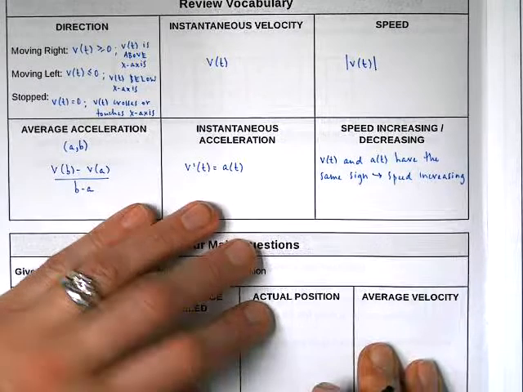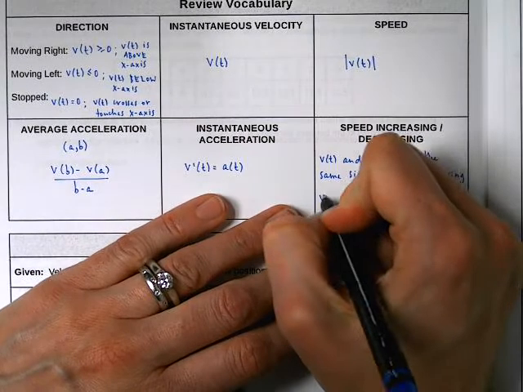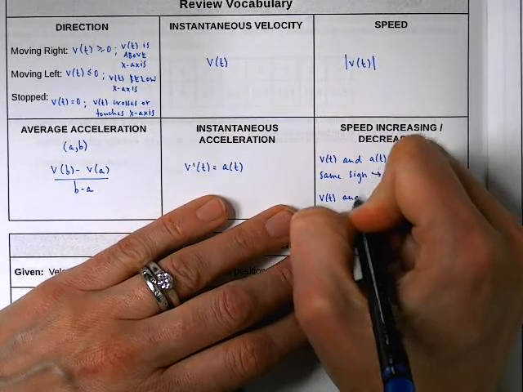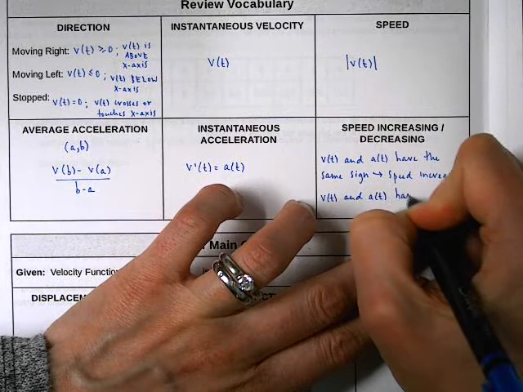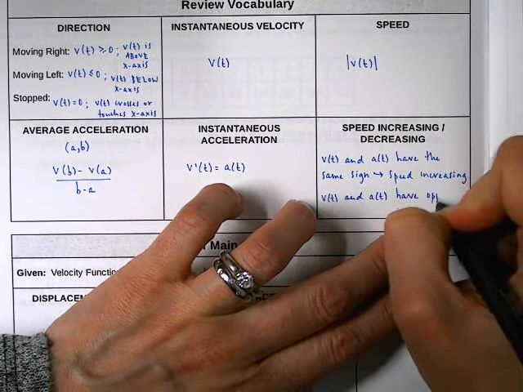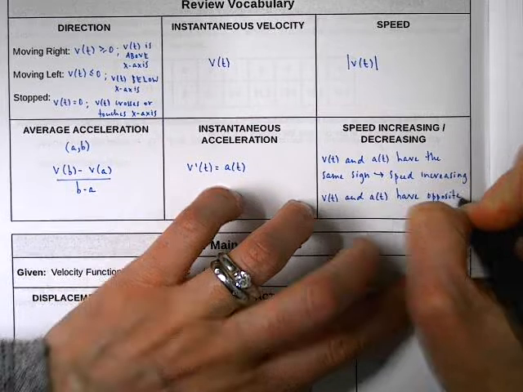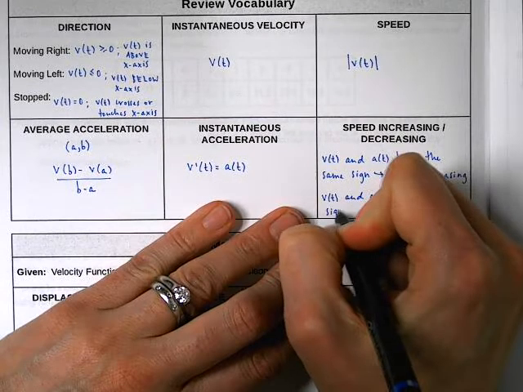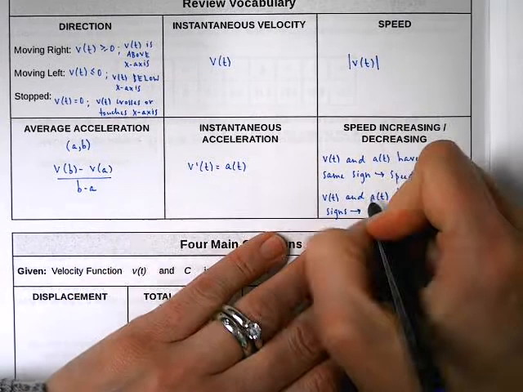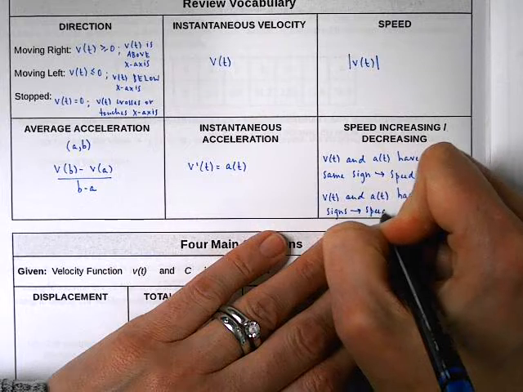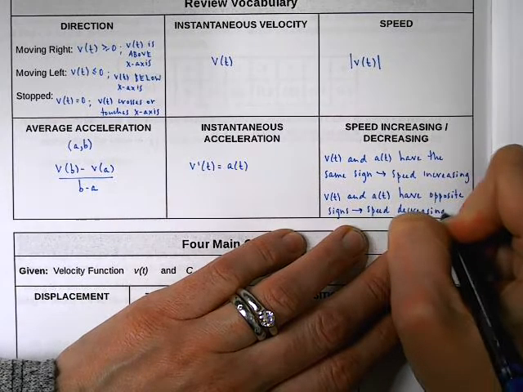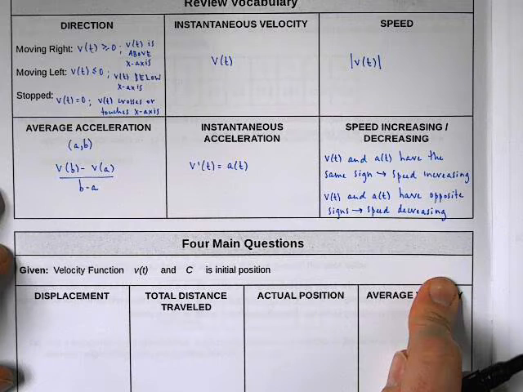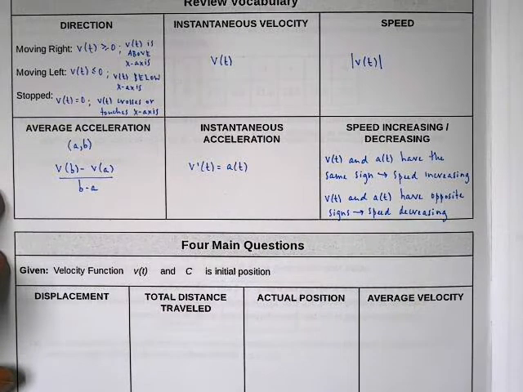On the other hand, if v of t and a of t have opposite signs, then we know the speed is decreasing. So again, there's nothing new here. The only difference is usually we're going to be starting from the velocity function instead of the position function.